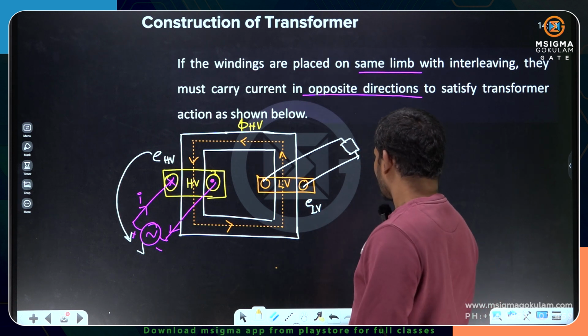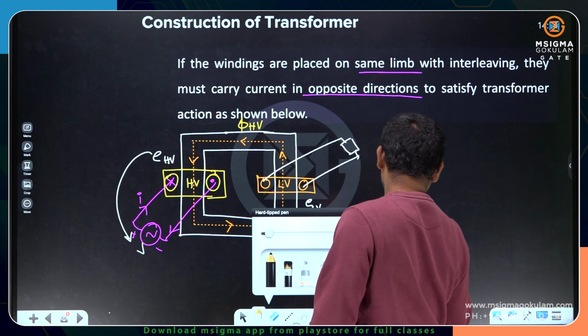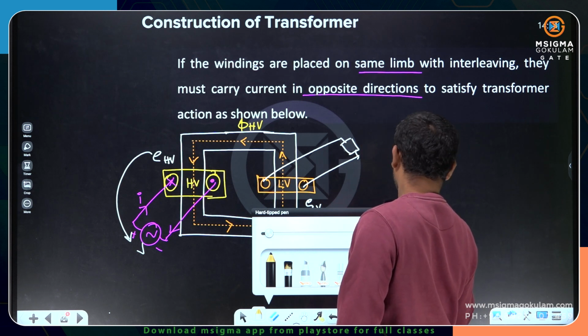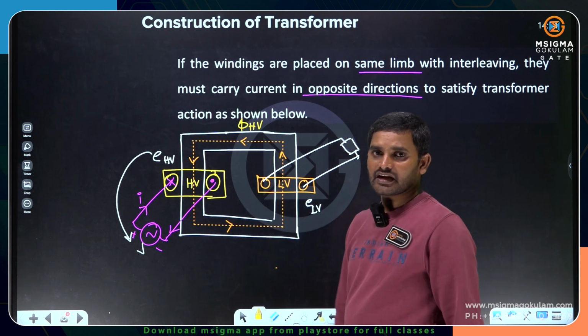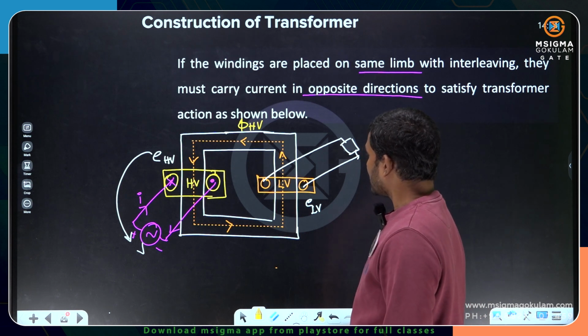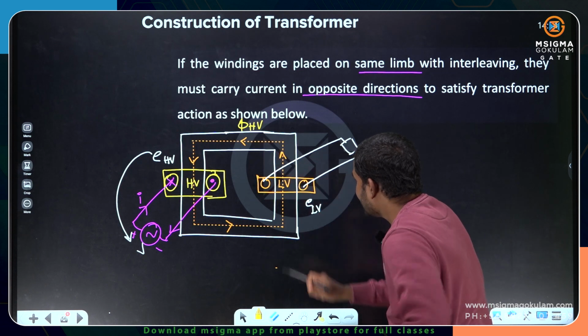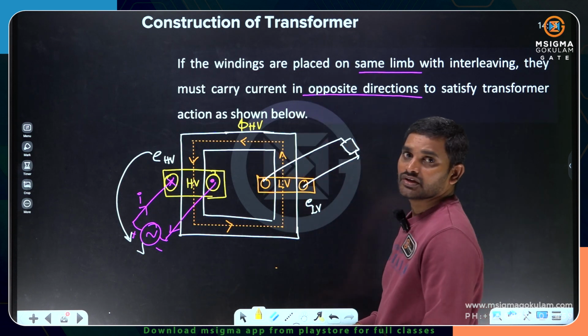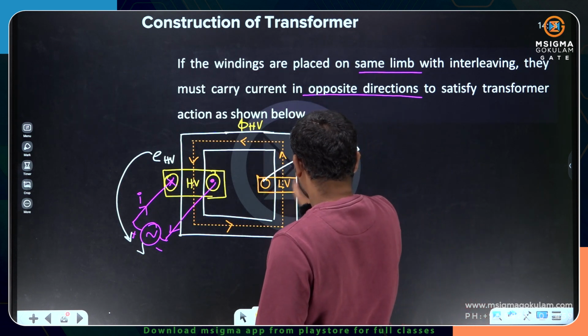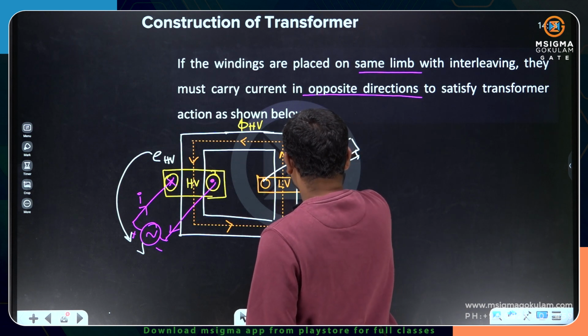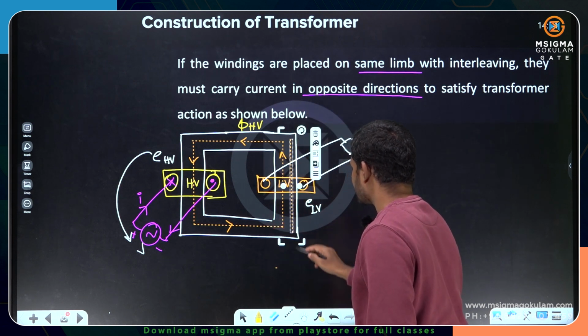Right. Now, in order to oppose the very cause of its production, EMF is because of phi HV. Phi HV is in the upward direction. So phi LV must be in the downward direction, like this.